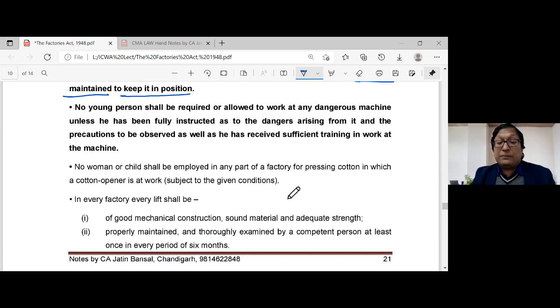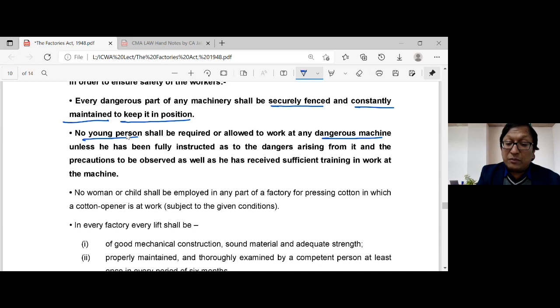No young person shall be required or allowed to work at any dangerous machine unless he has been fully instructed as to the danger arising from it and the precautions to be observed, and has received sufficient training to operate that machine. By young person I mean children and adolescents.